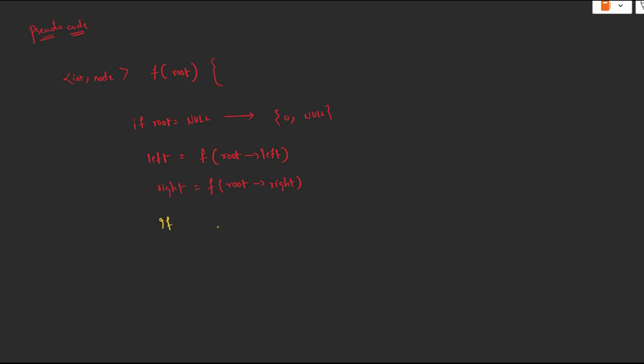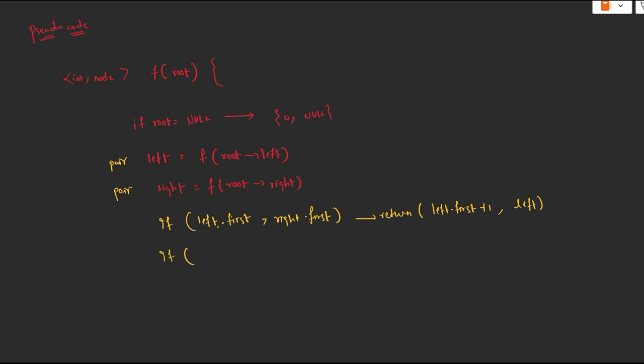Left here is a pair, and right is also a pair, because the function returns a pair. Left dot first is the depth. If left dot first is greater than right dot first, it has to return left dot first plus 1, because the depth of that root is increased, and it returns left itself, because left is the correct one.